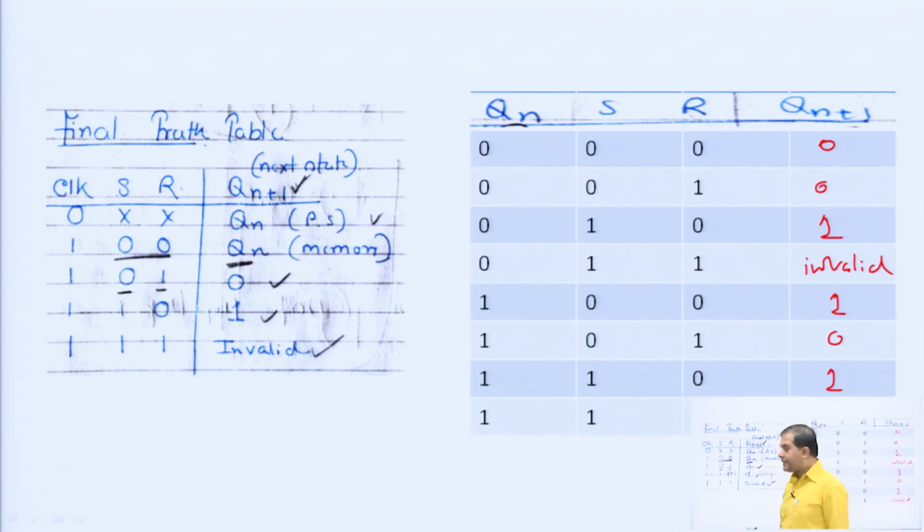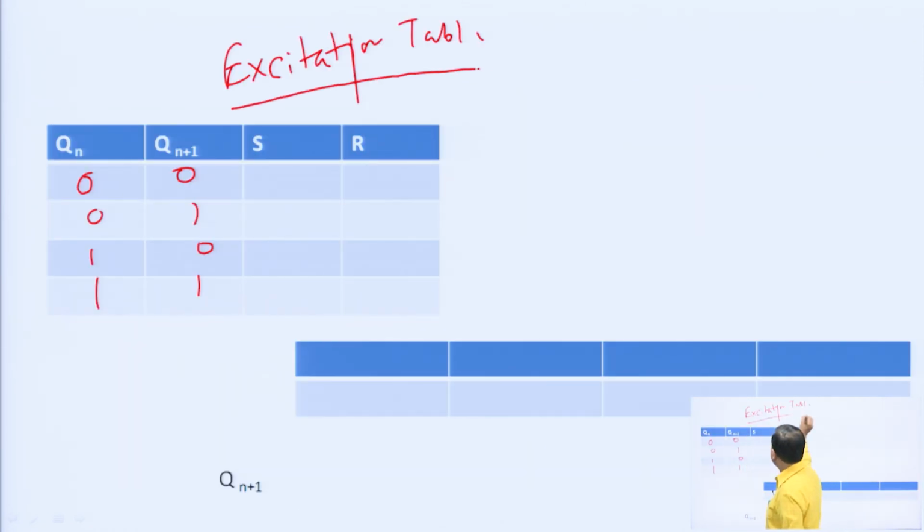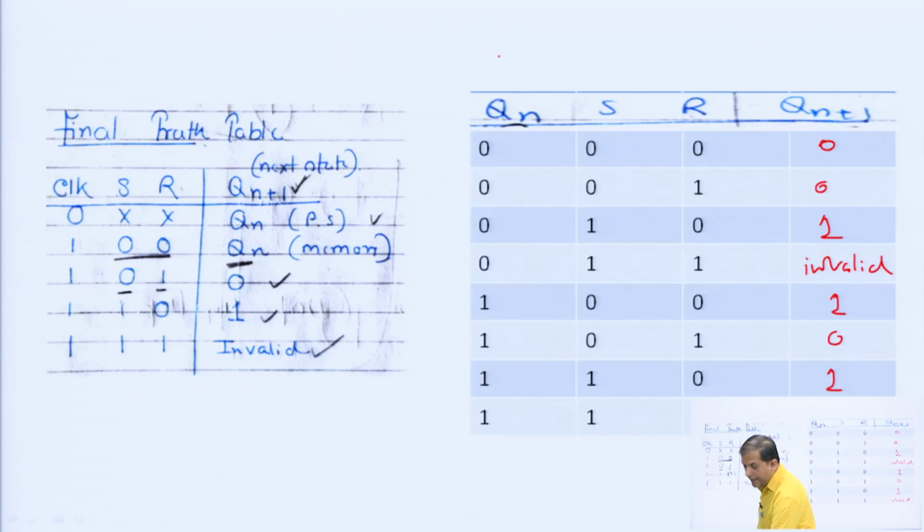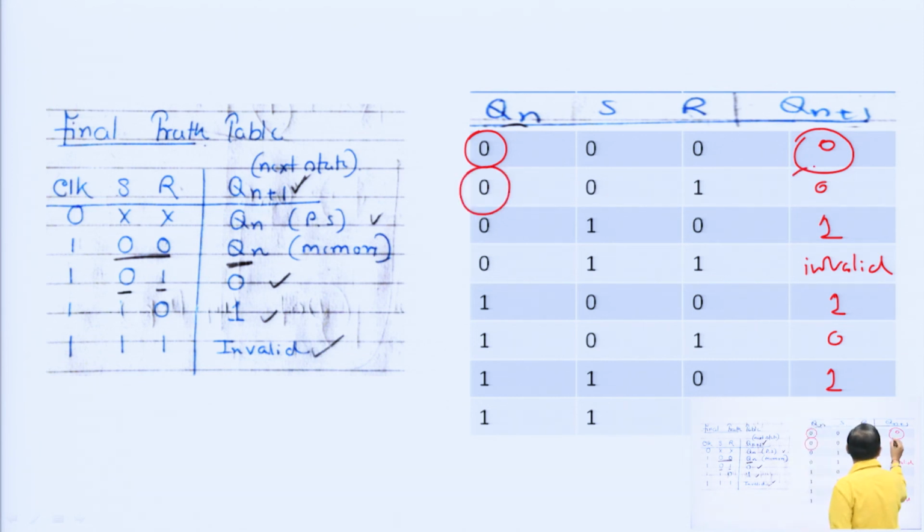Now we will write the excitation table for SR. In this case Qn is 0 and Qn plus 1 is also 0, and again in another place Qn is 0 and Qn plus 1 is also 0. In both cases S is 0, but once R is equal to 0 and once R is equal to 1.